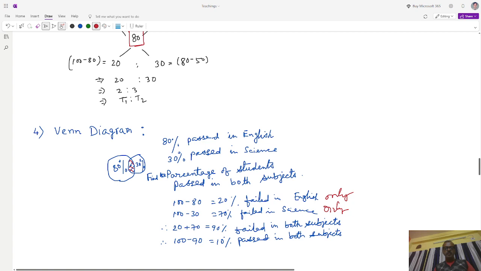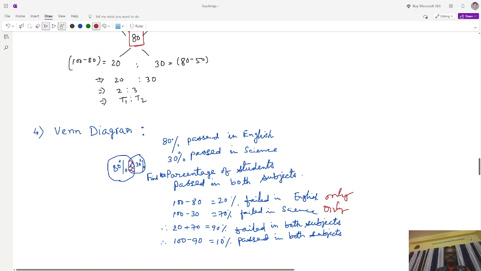So the percentage of students who failed in both subjects is 20 plus 70, equal to 90%.